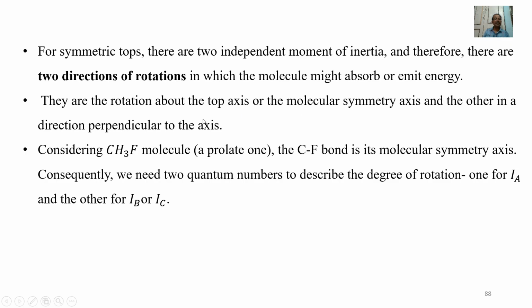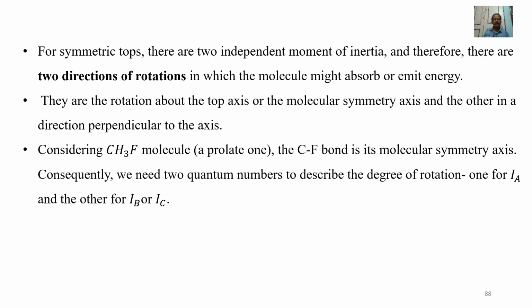Considering the CH3F molecule, this is a prolate one. The CF bond is its molecular symmetry axis. Consequently, we need two quantum numbers to describe the degrees of rotation, one for IA and another one for IB or IC. So we need two selection rules.